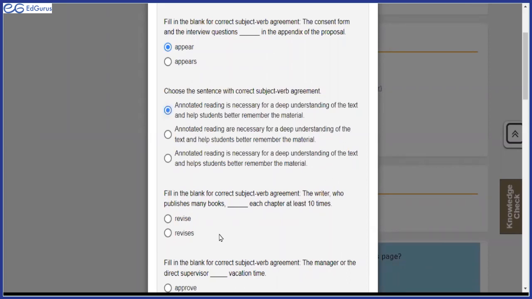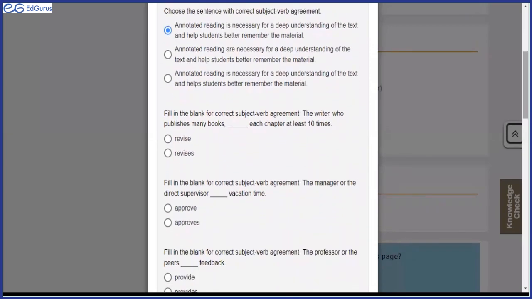Yes. Fill in the blank for correct subject-verb agreement. The writer who publishes many books ___ each chapter at least 10 times. Revise. Why do you say revise? Who revises?